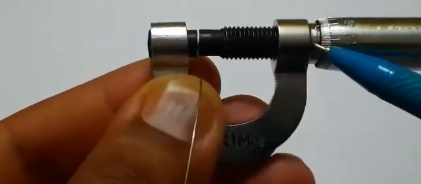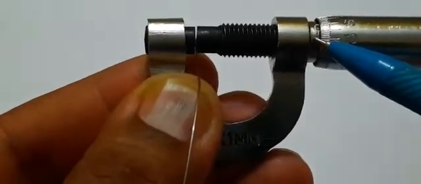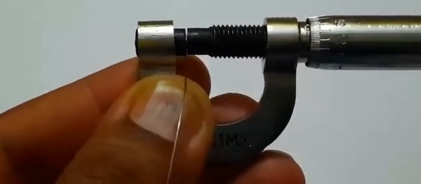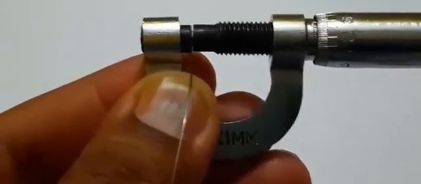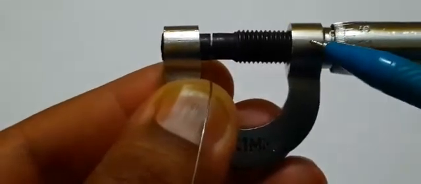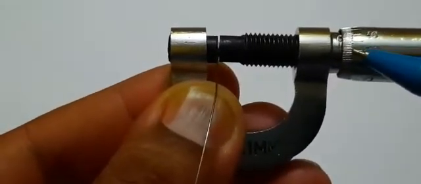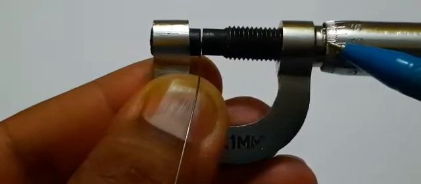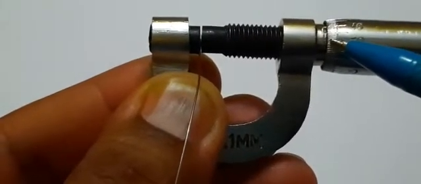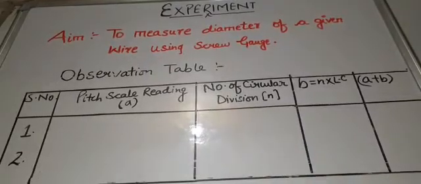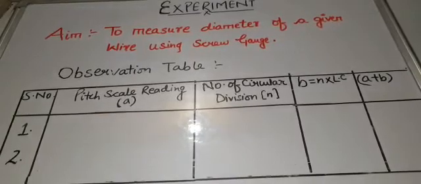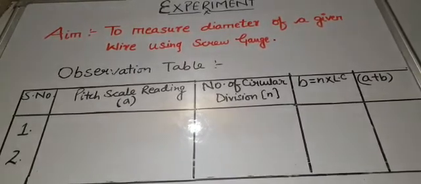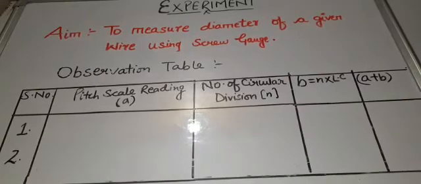As you can see here clearly, the linear scale reading is 0. Now we will note down the circular scale division. The circular scale division comes out to be 31.